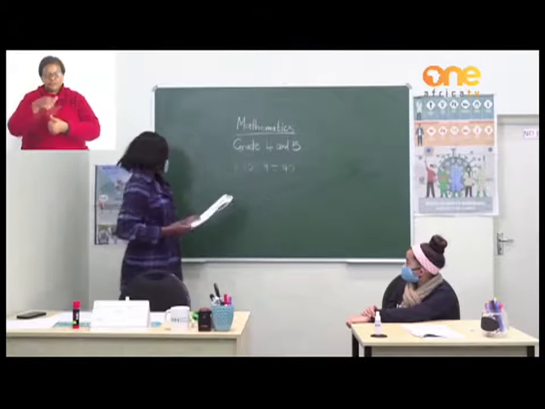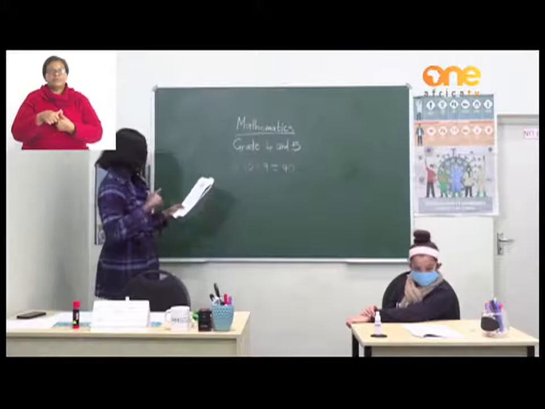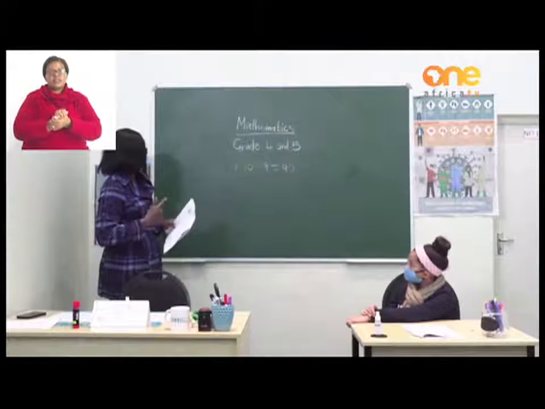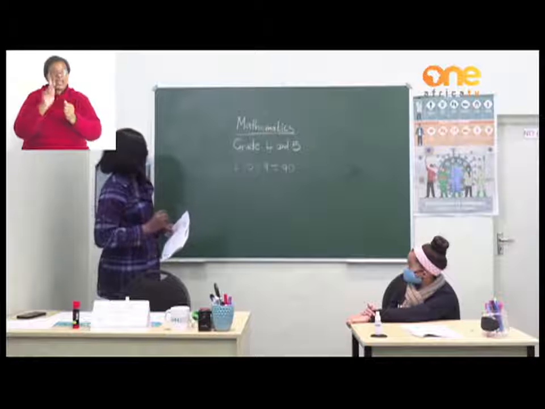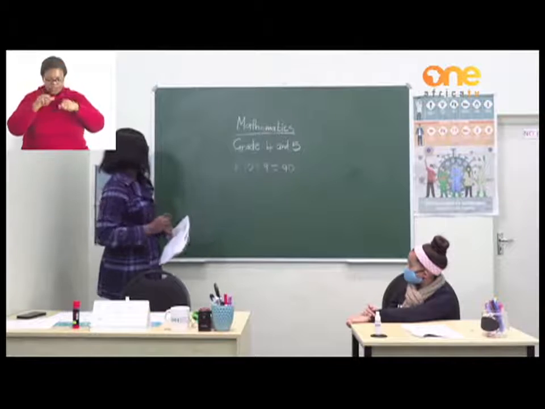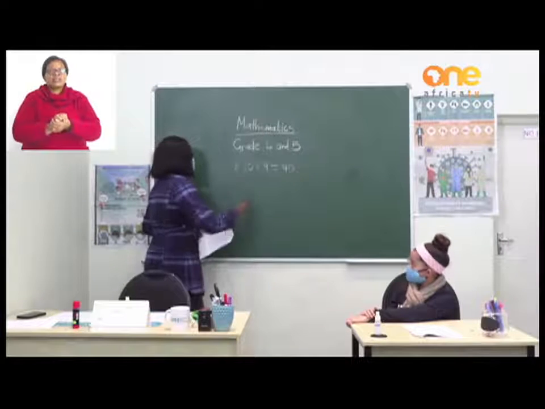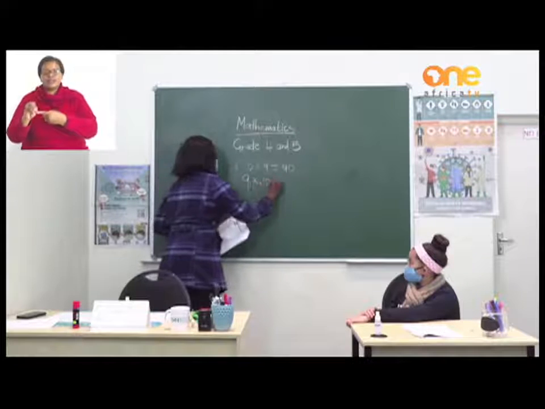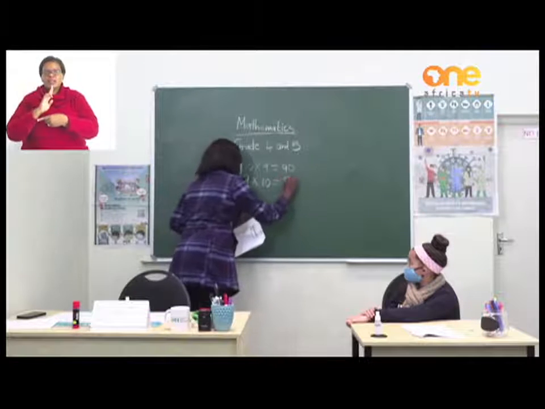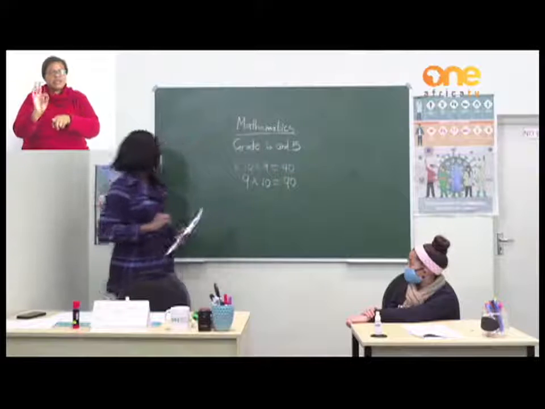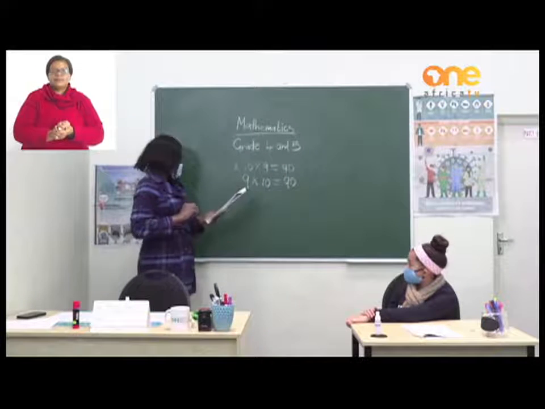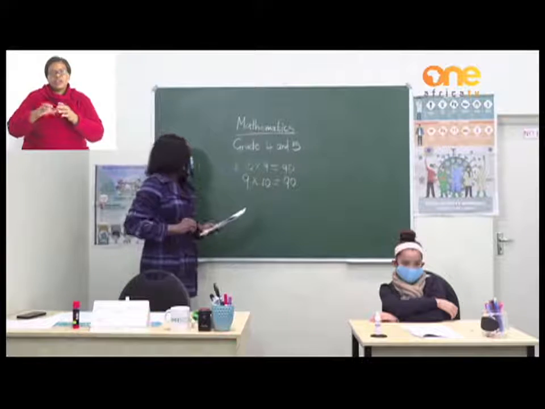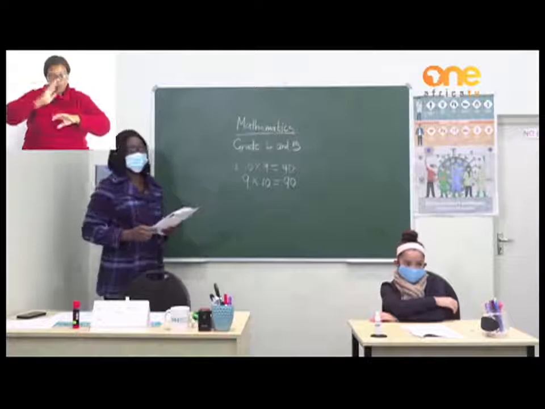Remember that we have to switch the numbers around and multiply them together, but the product should stay the same. So when we switch the numbers, we start with 9 times 10, and our product will stay the same. Boys and girls, we are done applying the commutative property of multiplication. Thank you. Stay tuned.